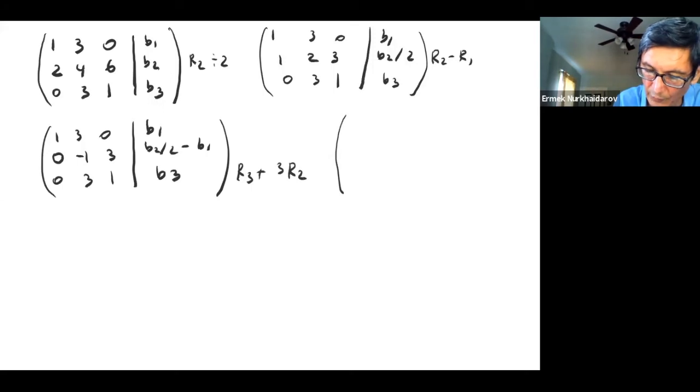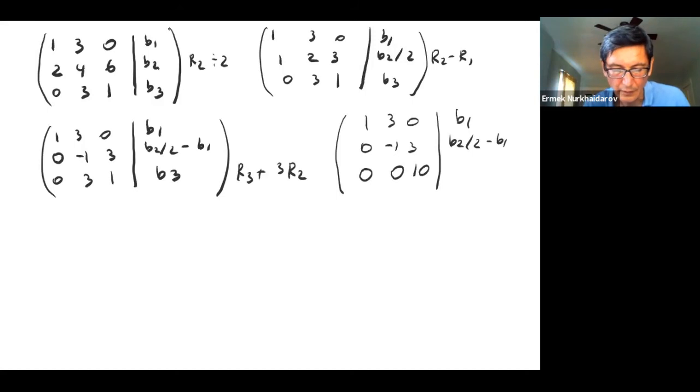We're going to get 1, 3, 0; 0, 1, 3; and 0, 0, and 1 plus 9 is 10. Here we're going to have B3 plus 3 times B2 over 2 minus B1.